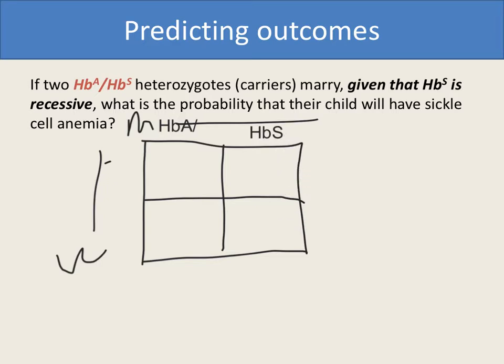So he's got two alleles, right? He's got an HBA and an HBS. And then we're going to do the same thing with the mom.